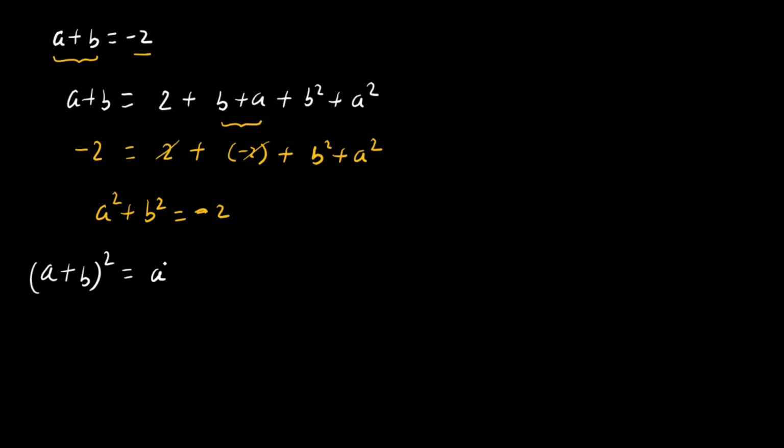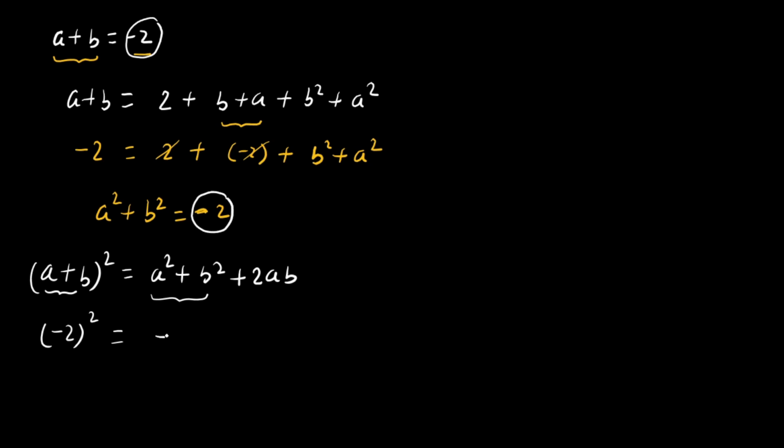Now students, we know the algebraic identity (a plus b)² equals a² plus b² plus 2ab, and a plus b is replaced by negative 2. So (negative 2)² equals a² plus b², which is negative 2, plus 2ab. On the left hand side negative 2 squared is 4, and if we take this negative 2 to the left hand side, it becomes positive 2, so 6 equals 2ab.